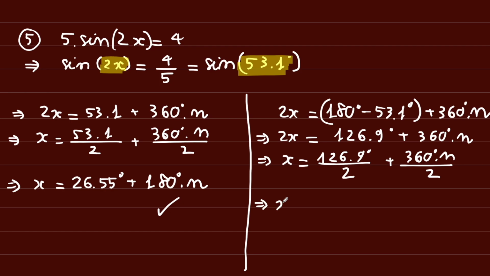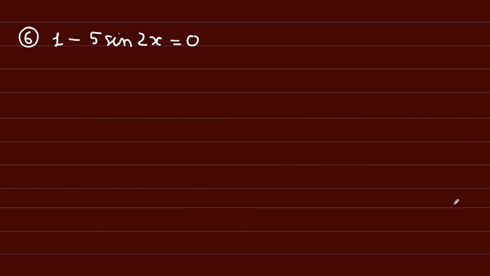The second one, we have 126.9 divided by 2, you got 63.45 degrees, and here is 180 degrees multiplied by n like this one. That is example 5. So what is the next example? You got example 6, and for this question, I think that is not easy anymore.